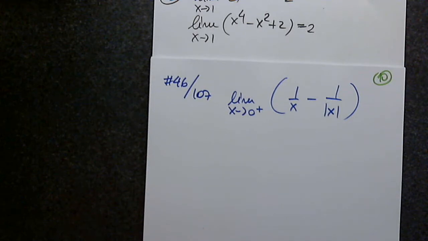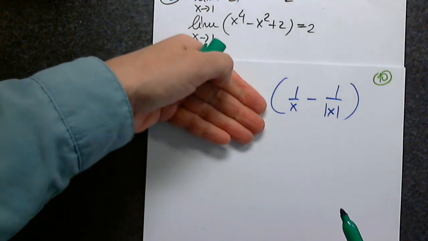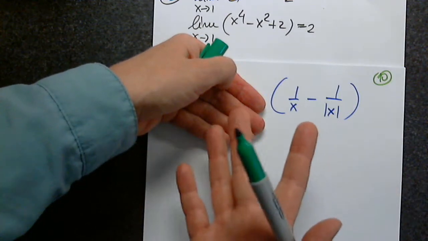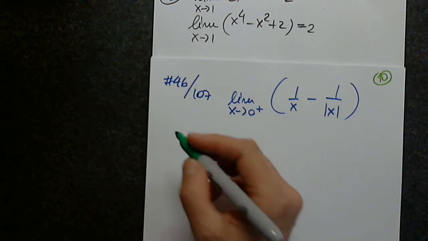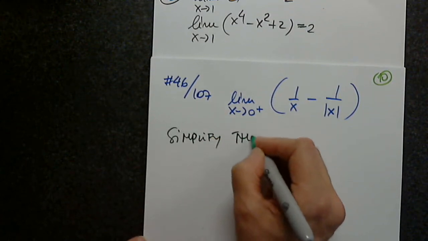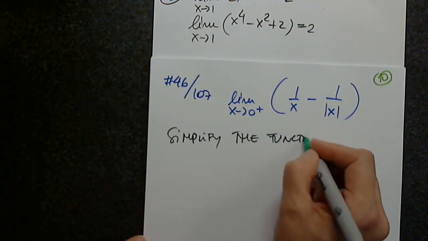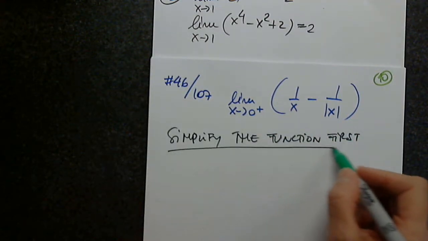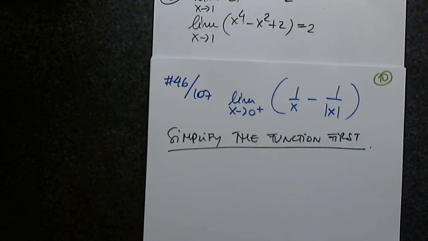We are asked here to simplify the function fully without absolute value before we apply the limit. So as a requirement, simplify the function first, of course fully, before we apply the limit. Okay.